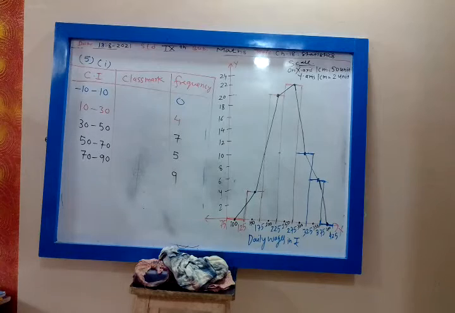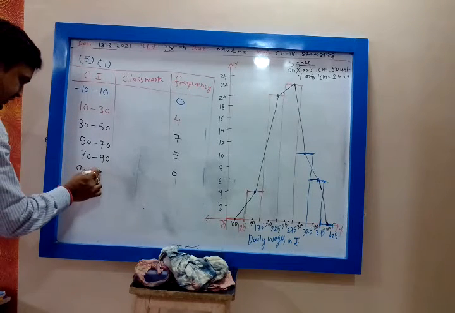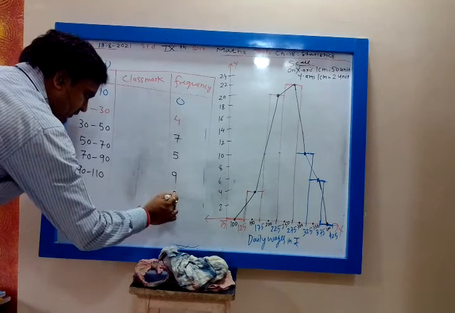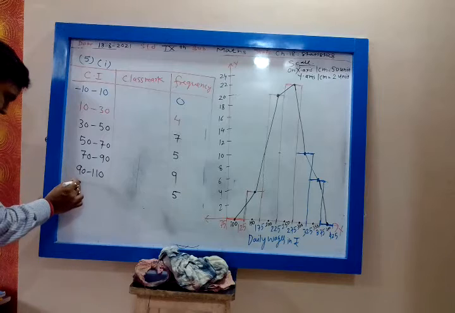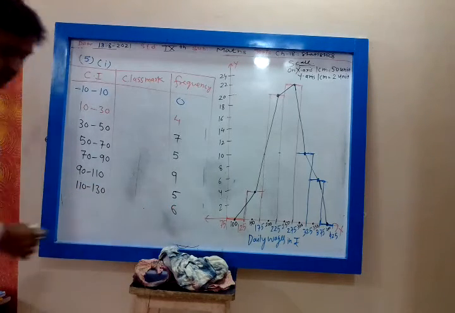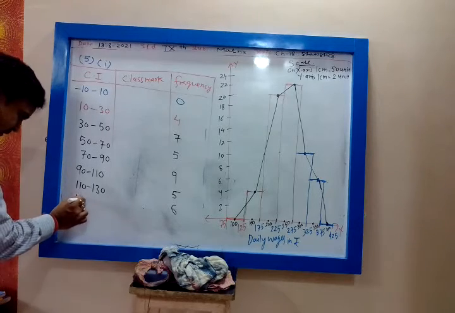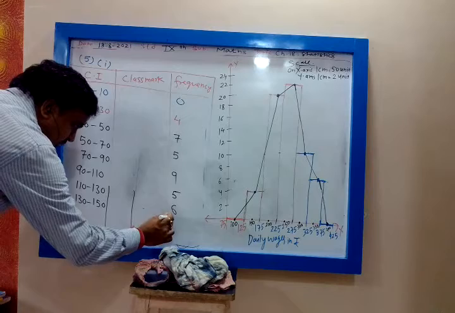Then 90 to 110, frequency is 5. Then 110 to 130, frequency is 6. Then 130 to 150, frequency is 4.